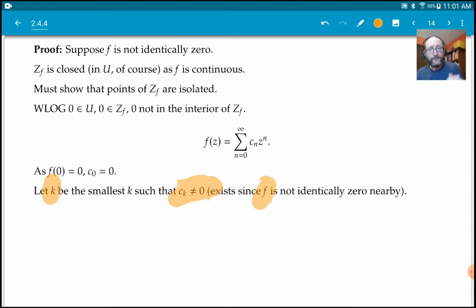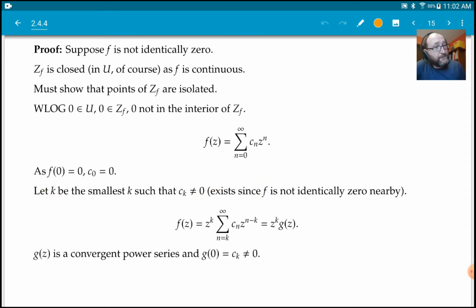If the smallest k didn't exist, that would mean that Cn is 0 for all n. Well, that would mean that f is identically 0 in a whole neighborhood of 0. And we know that that's not true. So there has to be at least one k so that ck is not 0. So make it the smallest one.